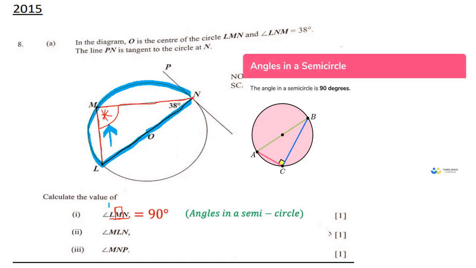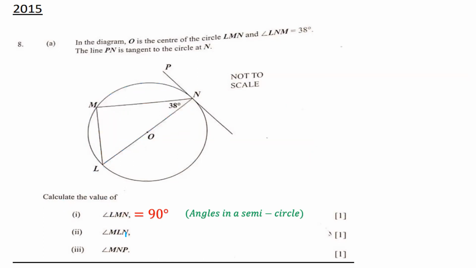It says calculate the value of MLN. Now what is going to be MLN? Well, let's identify it. The first thing we're going to look for is definitely L. This one right there is L, and that is the angle we're looking for, angle L. And then we're going to look at M. M is going to be right here.